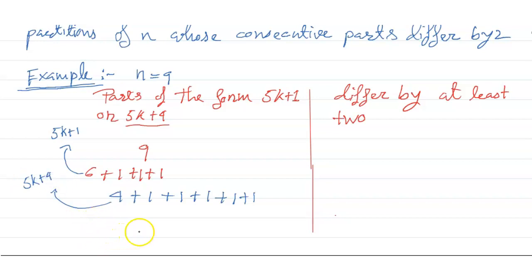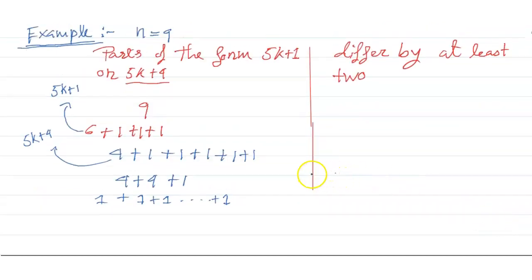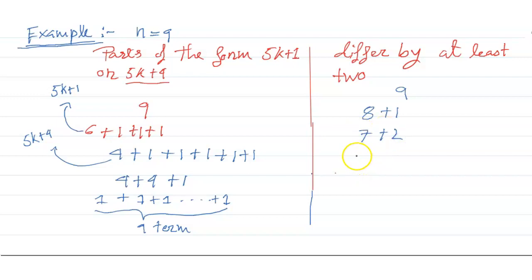And another is 4 plus 4 plus 1. Another is 1 plus 1 plus 1, a total of up to 9 terms. And parts differing by at least 2: the first is 9, the second is 8 plus 1, 7 plus 2, 6 plus 3, and 5 plus 3 plus 1.